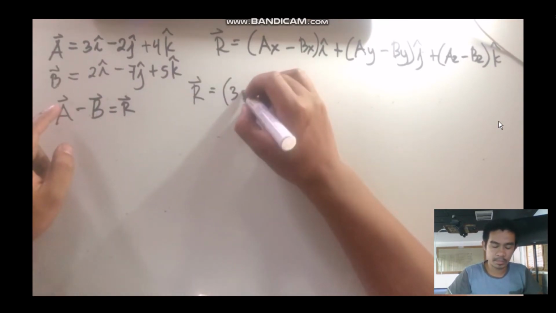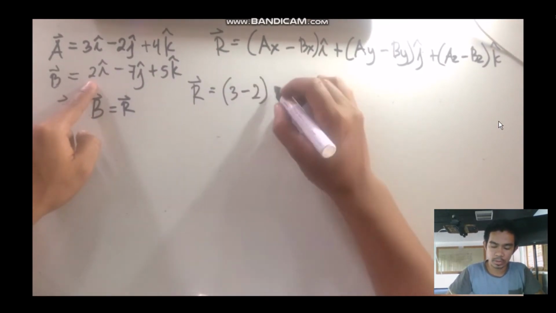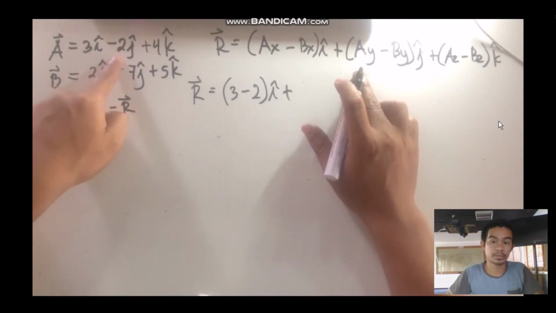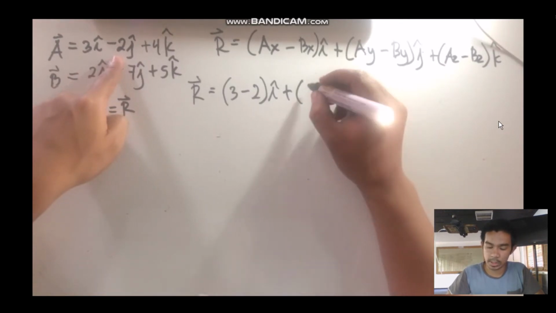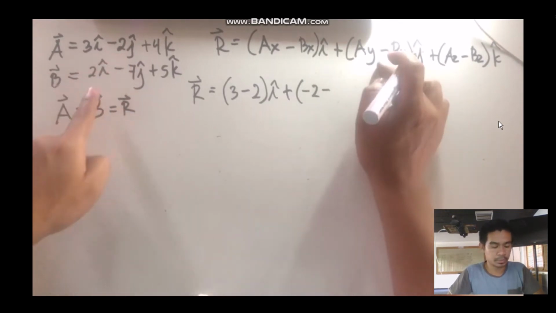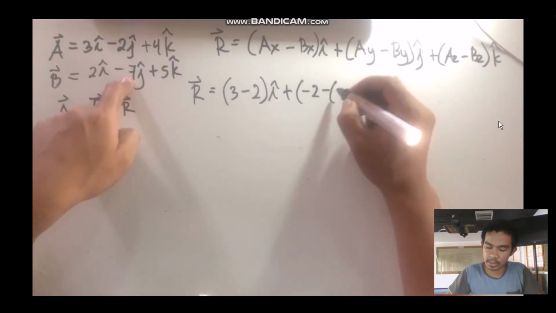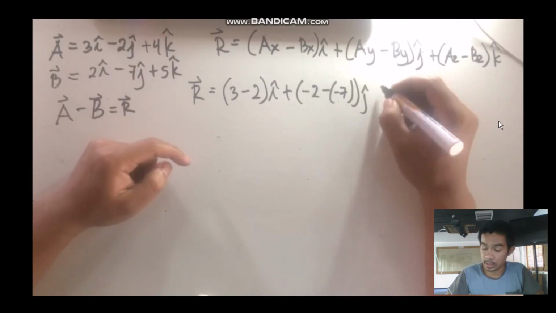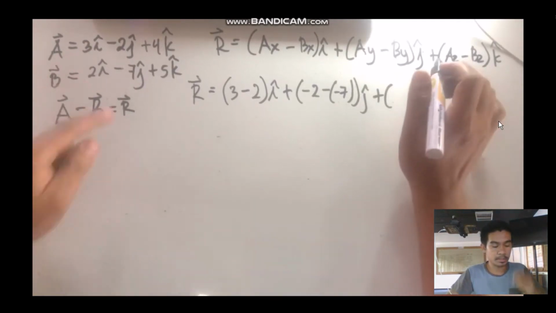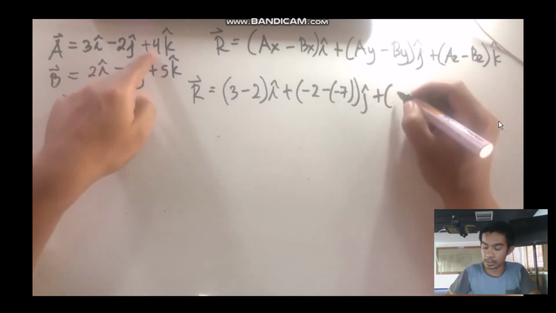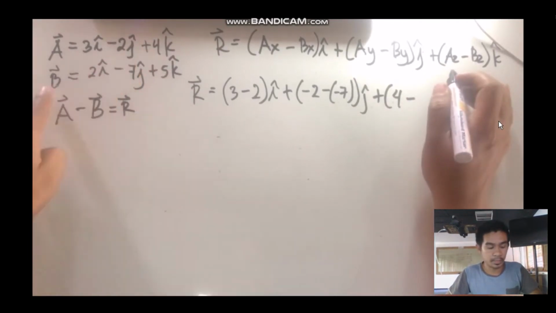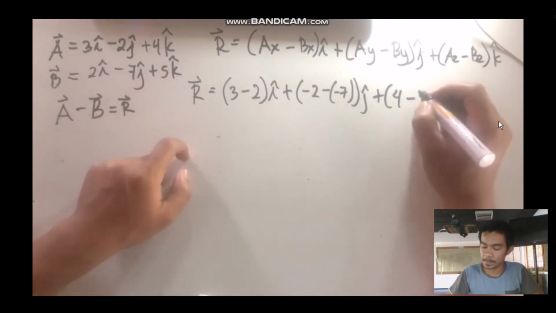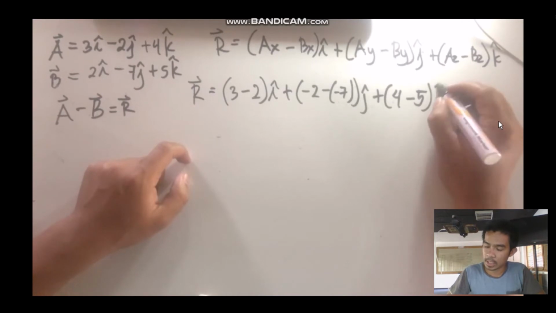That is 3 minus B of x, which is 2, i hat, plus A of y, which is negative 2, minus B of y, which is negative 7, so that's minus negative 7 j hat, and then plus A of z is 4 minus B of z is 5, so minus 5 k hat.